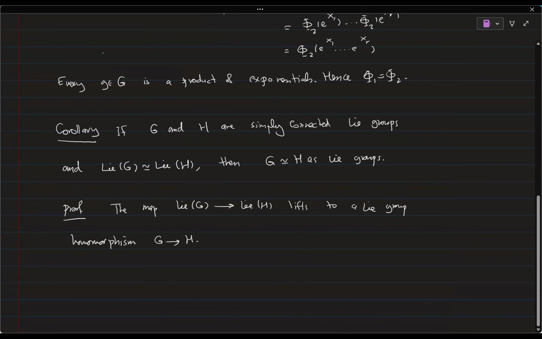And the inverse map, maybe I just called it phi, the inverse, also lifts to some psi. Now you have to show that these two maps are inverse to each other.